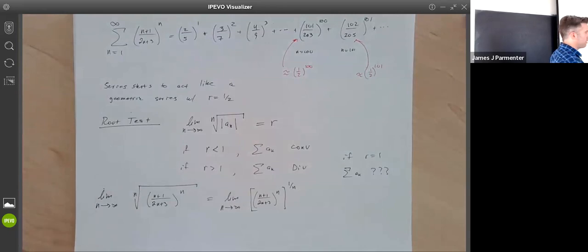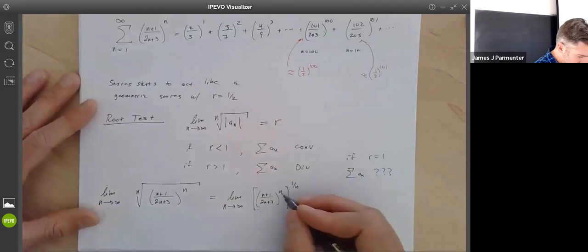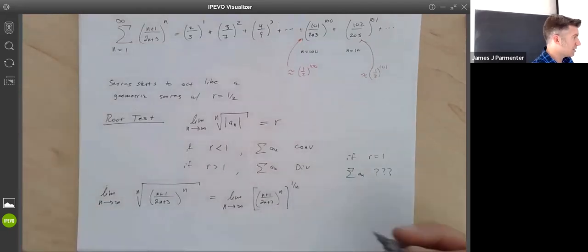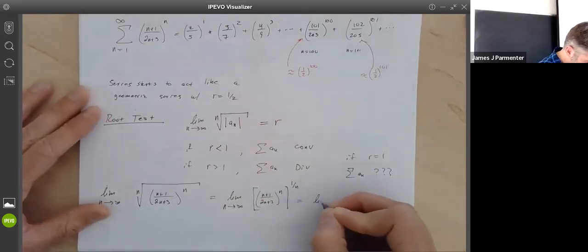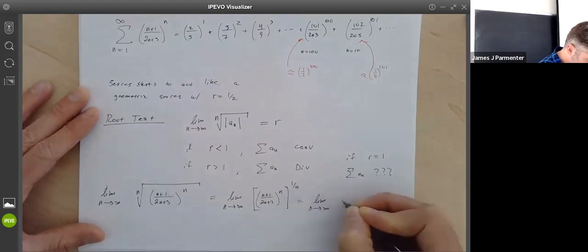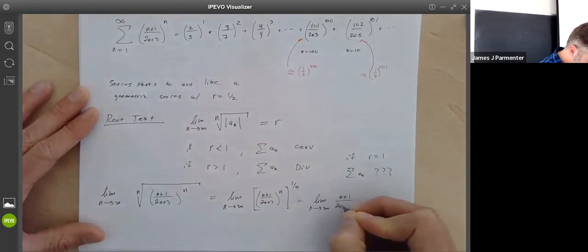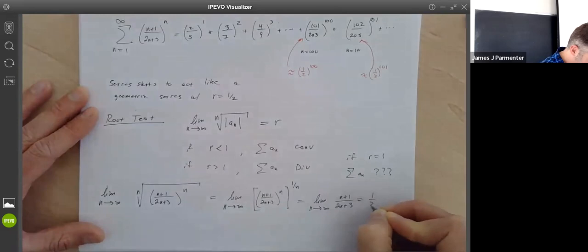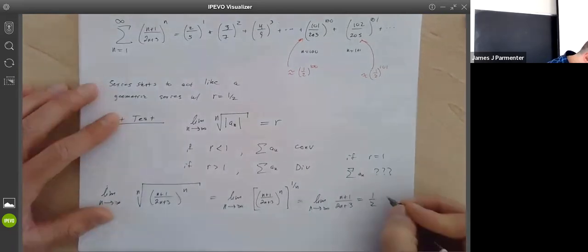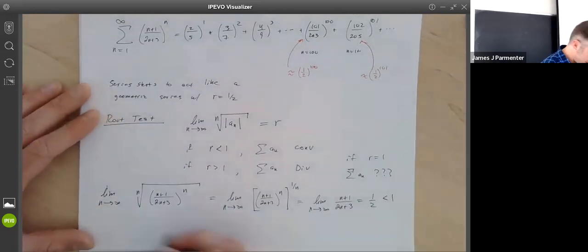Notice I dropped the absolute values because all my terms are positive. Here, the n times 1 over n multiplies to 1. So we're just taking the limit as n goes to infinity of (n plus 1) over (2n plus 3), which is equal to 1/2, which is less than 1. So we get convergence.